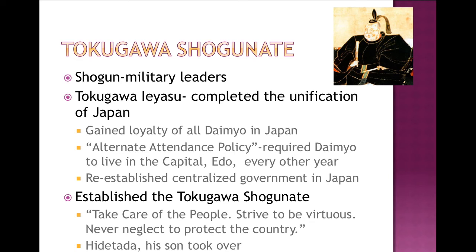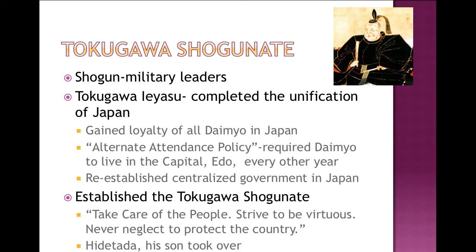And this really reestablished the idea of centralized government in Japan. We talked about earlier in these notes that the centralized government had really fallen apart. Japan was not unified. However, under Ieyasu, they were very unified because of this alternate attendance policy. He established the Tokugawa shogunate.